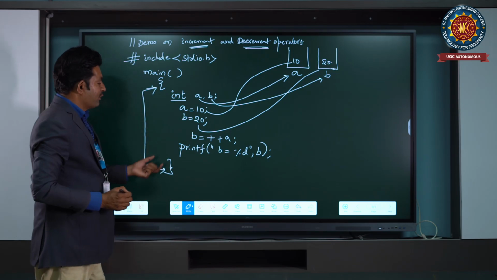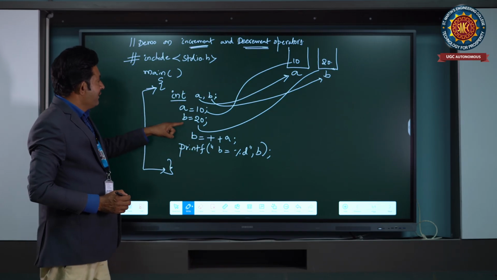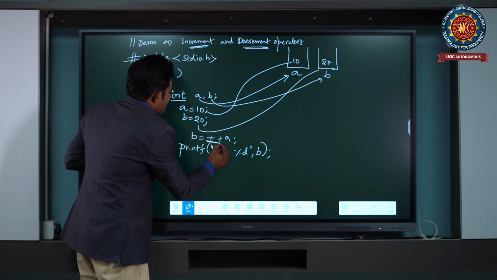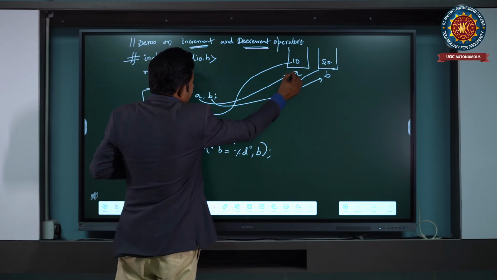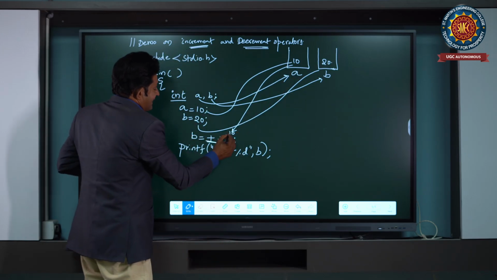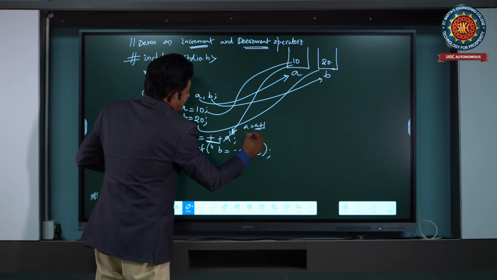I will execute this program. Finally a is equal to 10, b is equal to 20. Now after that, b is equal to plus plus a. Here the a value is 10, and plus plus a means a is equal to a plus 1, that is equal to 11.